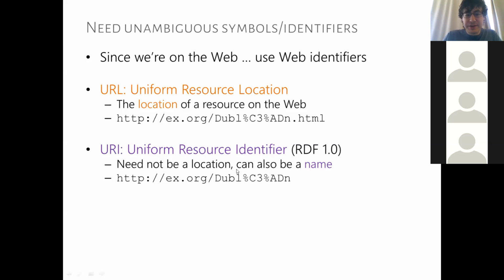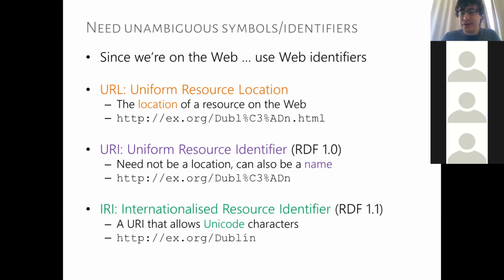And finally, since this sort of percent encoding here is quite ugly, a newer generalization to move away from being ASCII, English-centric is towards IRIs, which are URIs that allow for Unicode characters, to move away from a bias towards Latin alphabets.